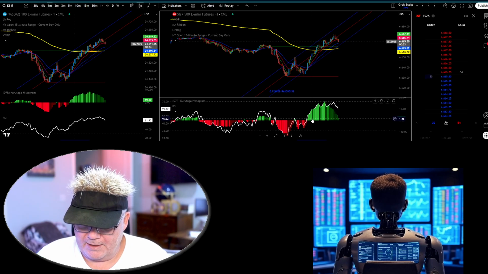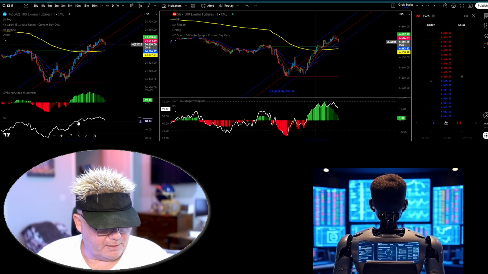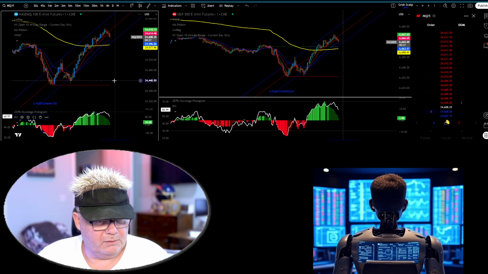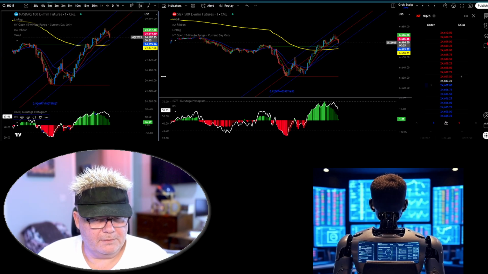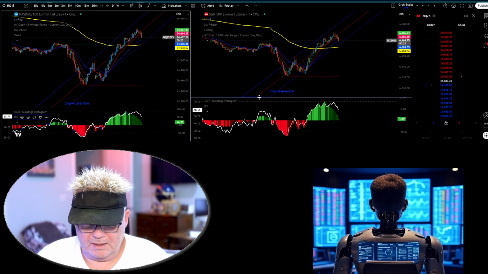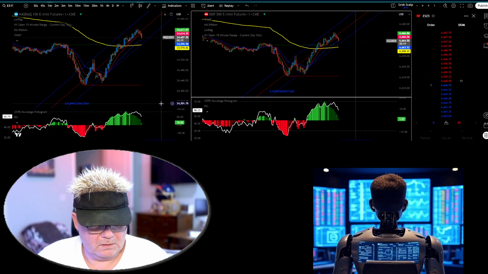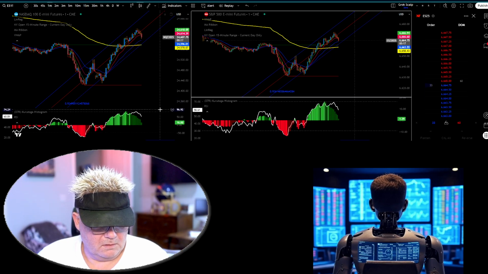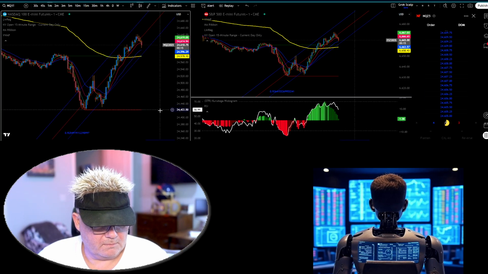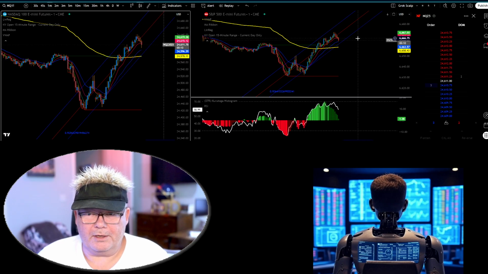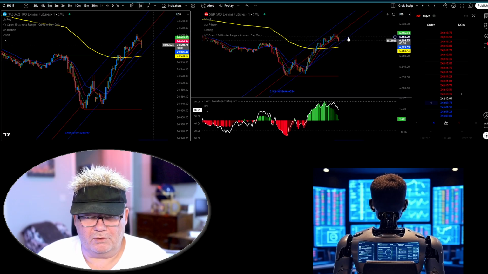I like how I did that. They put the RSI. Let me see if I can do that. Yeah, that's cool. I wonder why that bar right there is. I don't like the color of that bar. Yeah, we were talking. That was a great short, pulling back to the VWAP, you watch and see.